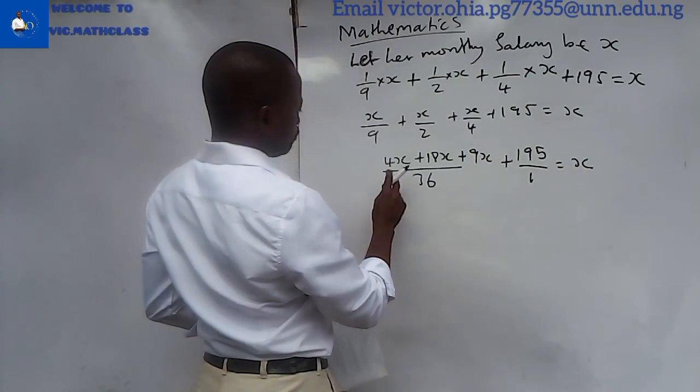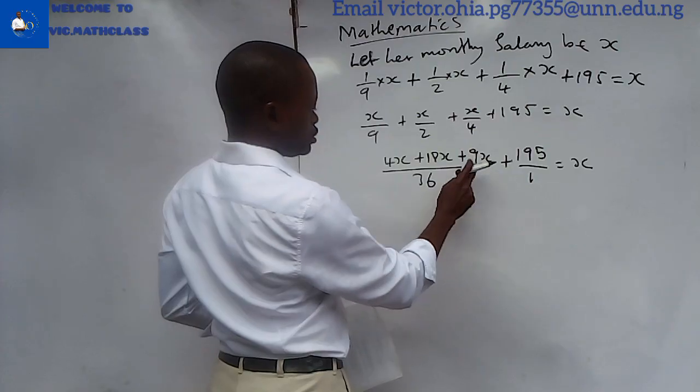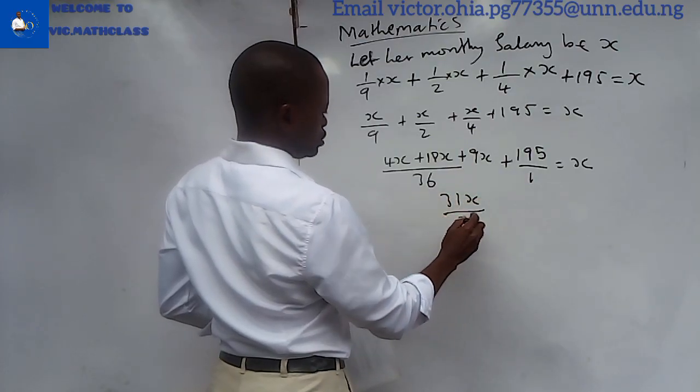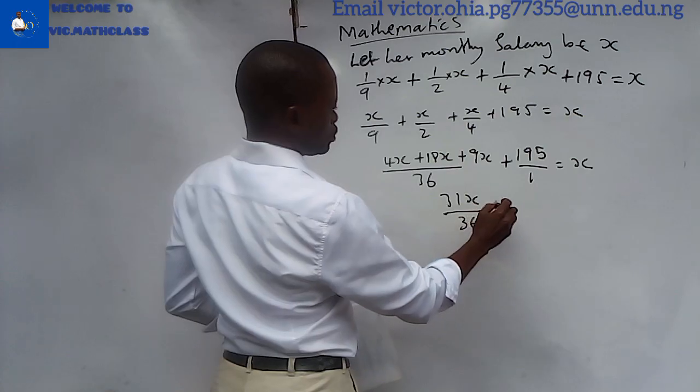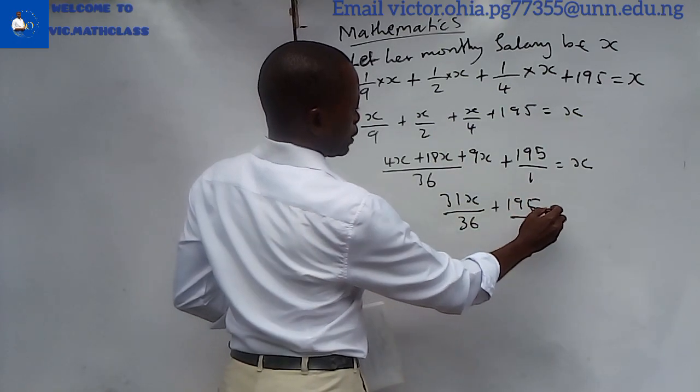So I will have 4 plus 18 is 22, 22 plus 9 will give me 31x over 36 plus 195 over 1 equals x.